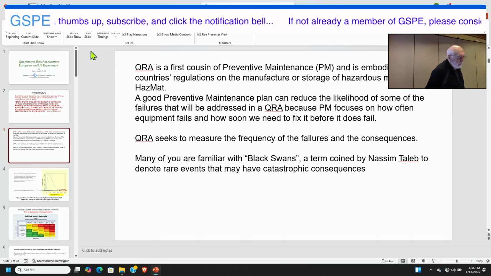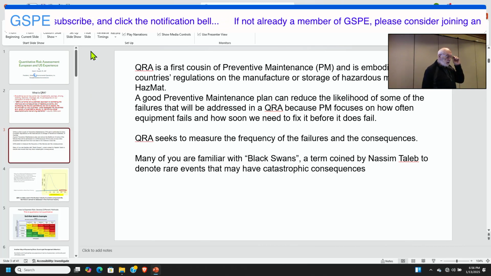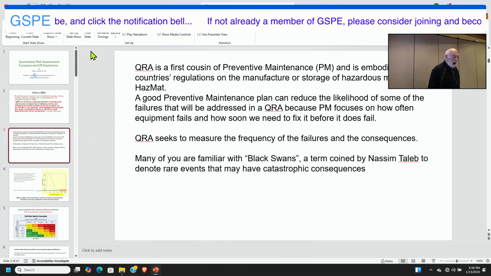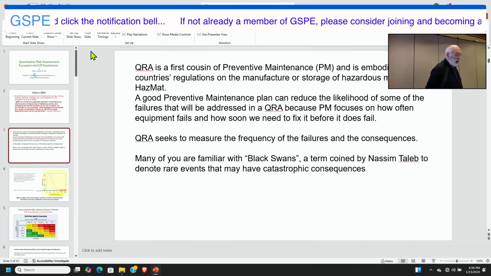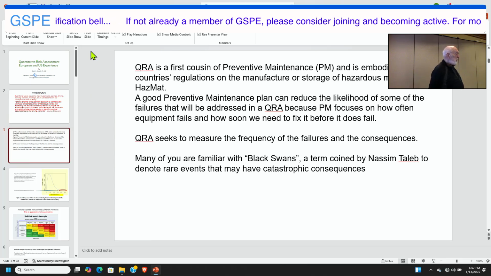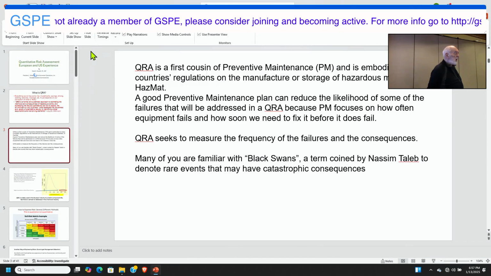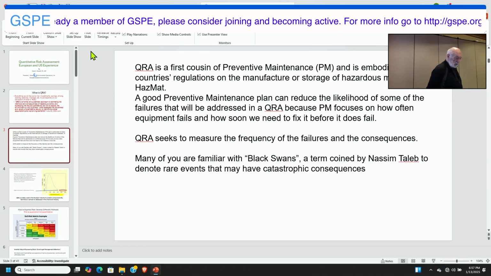A good preventive maintenance plan can reduce the likelihood of some of the failures that will be addressed in the QRA because PM focuses on how often the equipment fails and how soon we need to fix it before it does fail. So QRA seeks to measure the frequency of failures and the consequences.